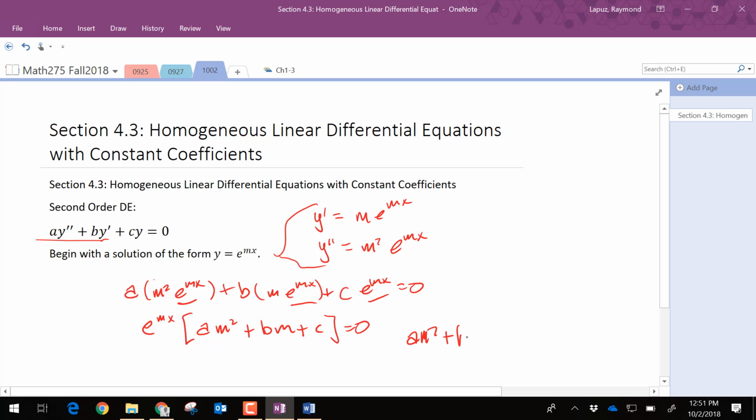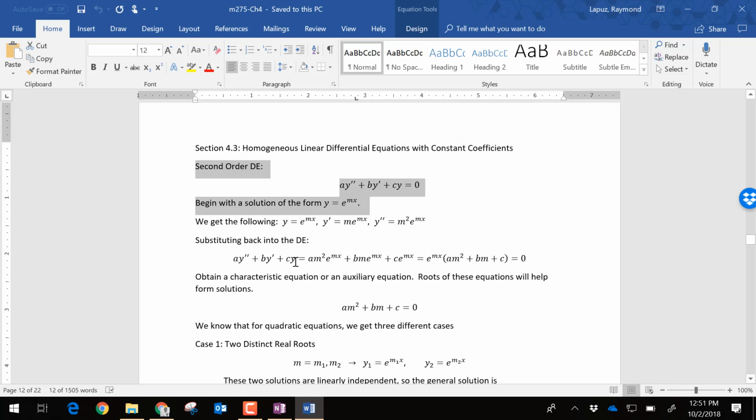And this quadratic equation has a special name. I'll let you know as soon as I remember it, because I can't remember right now. Auxiliary, maybe? Characteristic, or auxiliary.